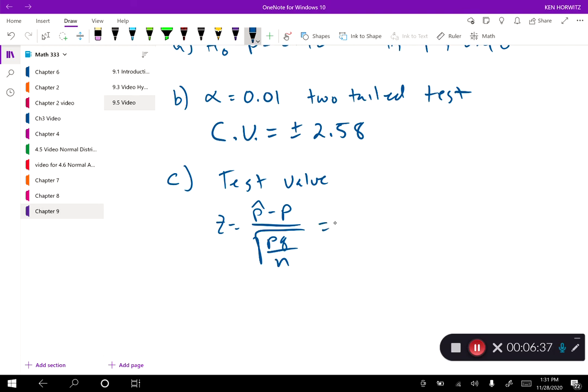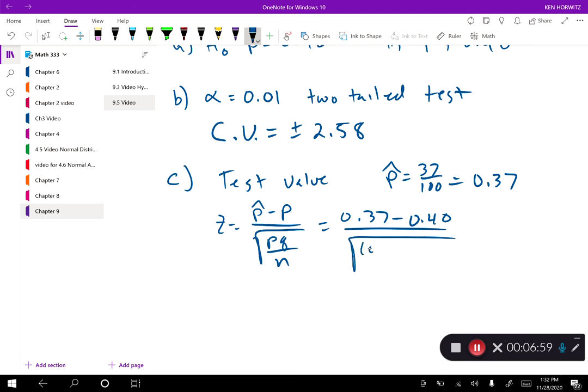And now my p hat is 37 over 100, or 0.37. So it's going to be 0.37 minus 0.40 over the square root of p, 0.40, times q, 0.60, over n, which is 100. I'm going to ask you to pause the video now and do the calculation, and we'll talk about the answer on the back end.